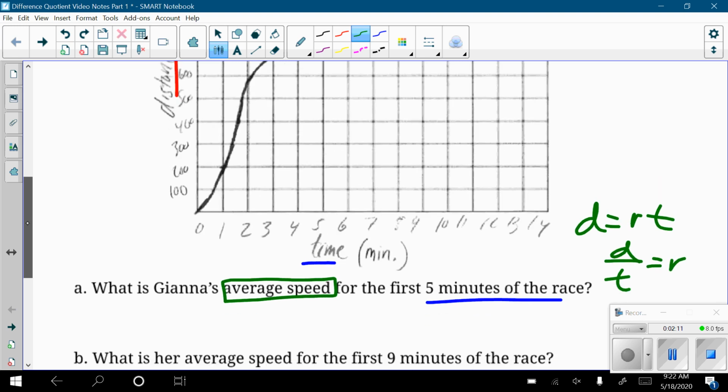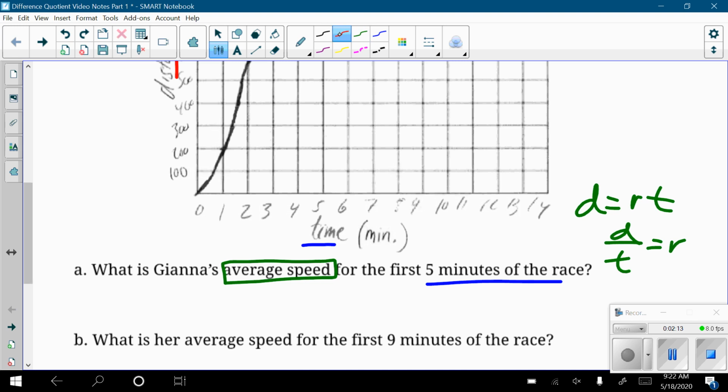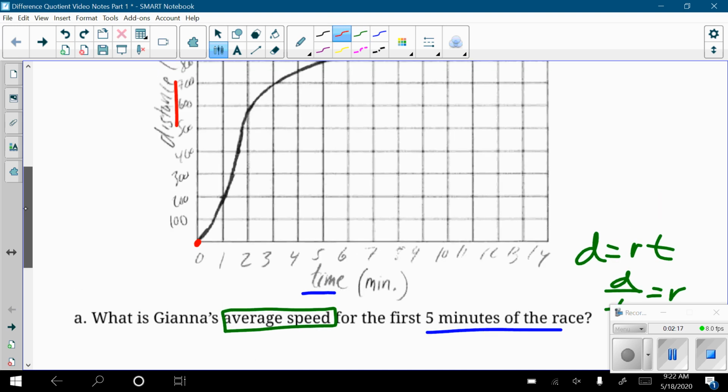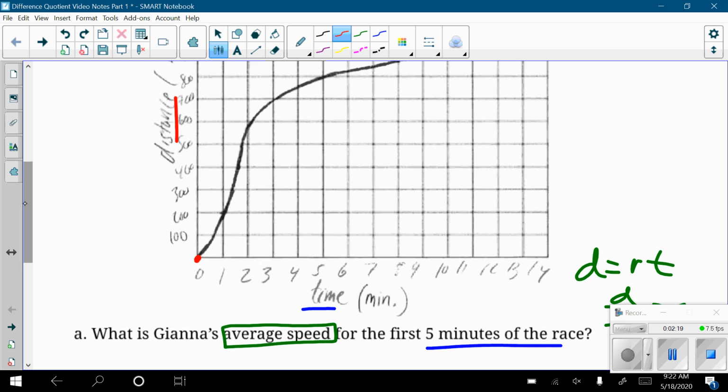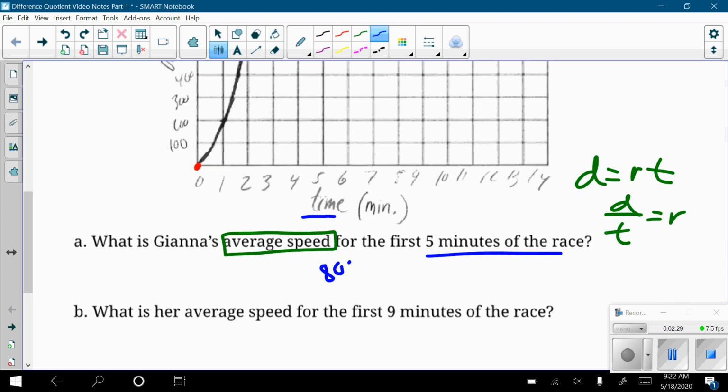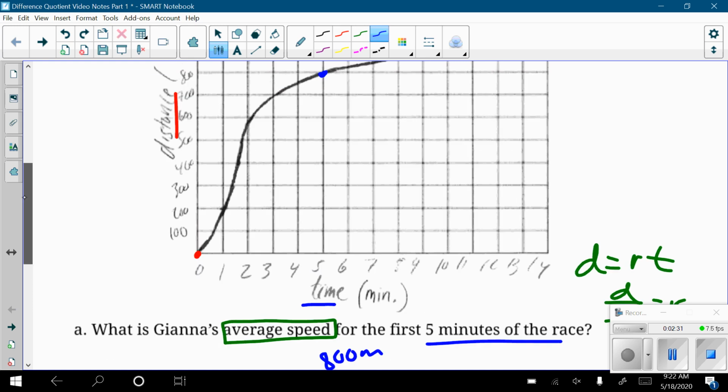So to find her average speed for the first 5 minutes, we're going to take time 0. She had gone 0 distance, and we're going to take about 5 minutes into the race. Well, 5 minutes into the race, she'd gone 800 meters. And 5 minutes had elapsed.